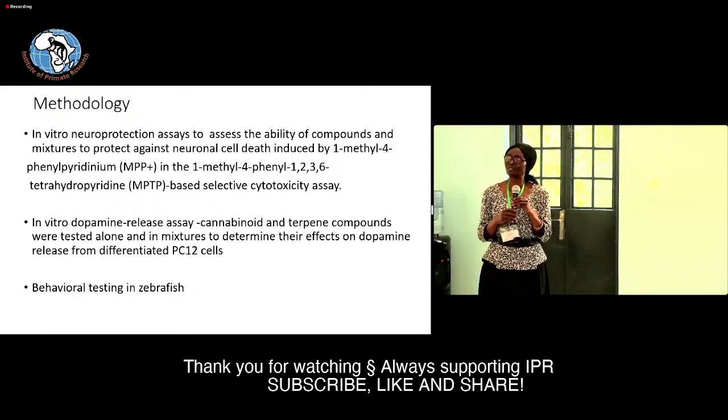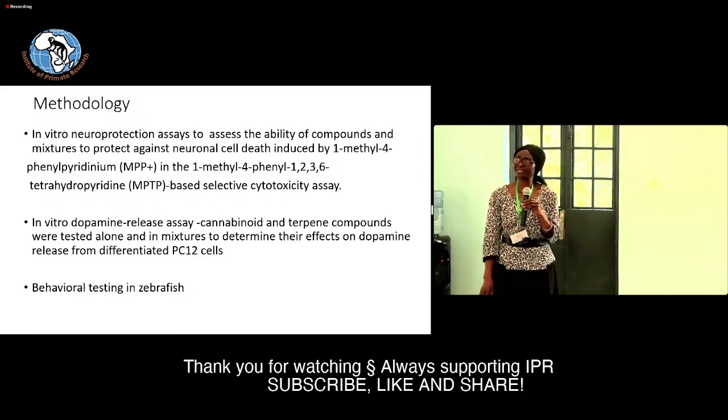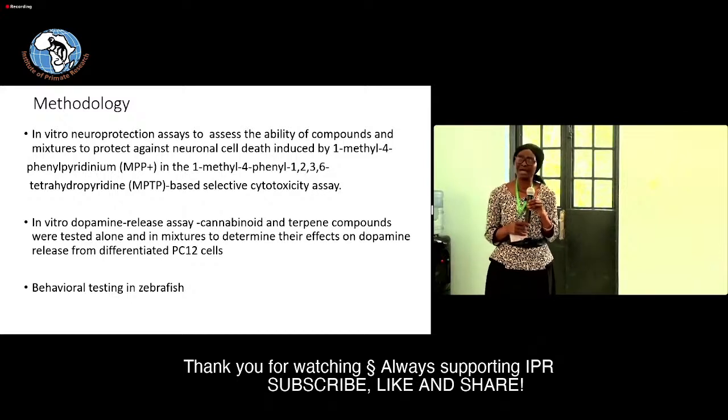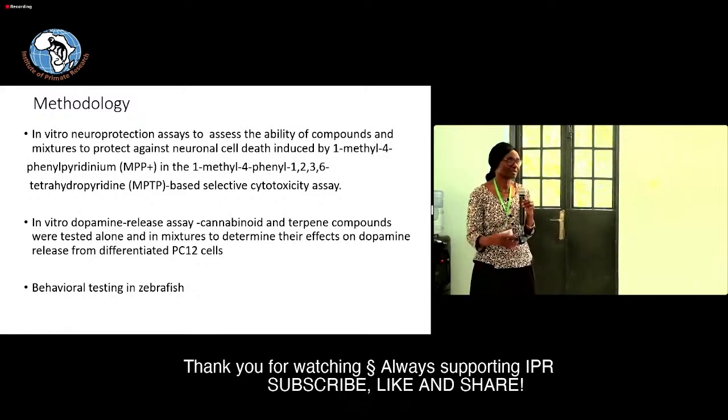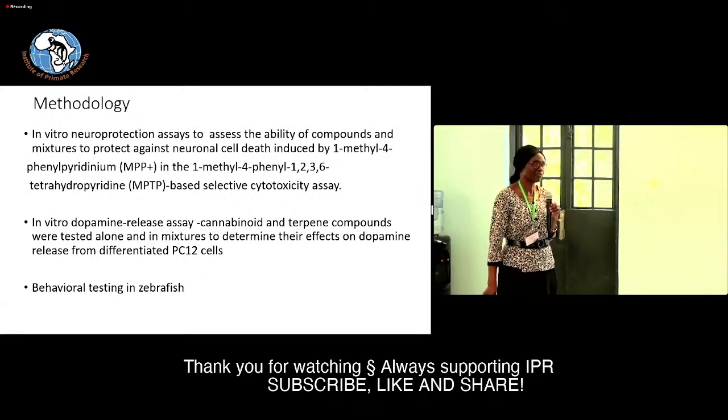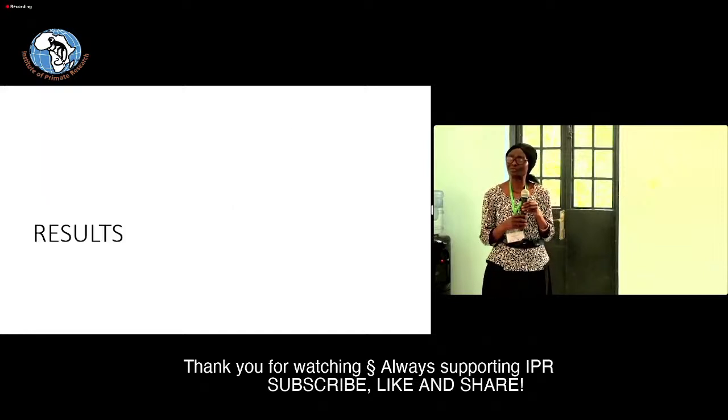They also did a dopamine release assay, where they tested whether cannabinoid and terpene compounds, alone or in mixtures, affected dopamine release from these cell lines. And then they also set up zebrafish studies to see the effect of these mixtures on zebrafish larvae.